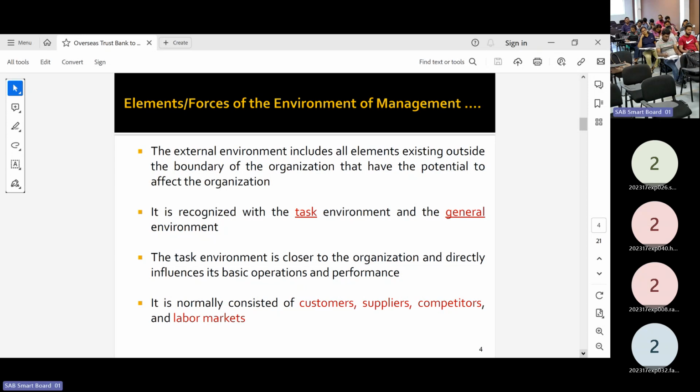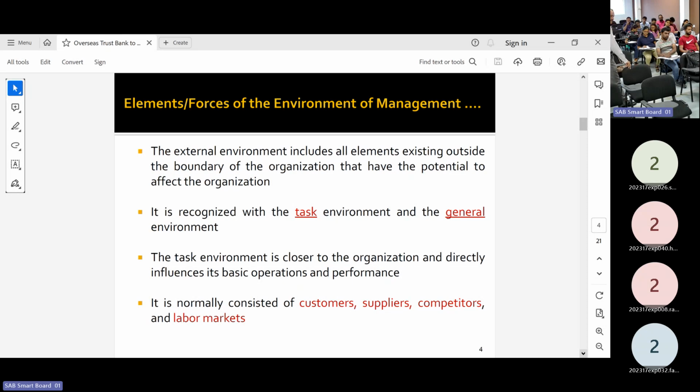They have different influences, no? Customers will create demands for the organizations, buying goods or services, no? They are very important to ensure the organizations provide demand based.